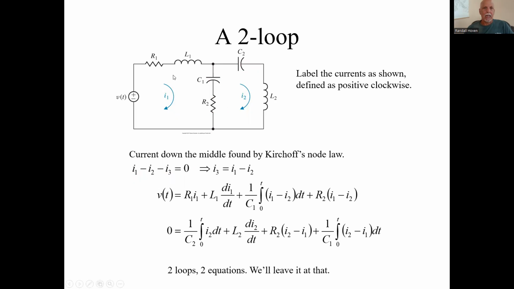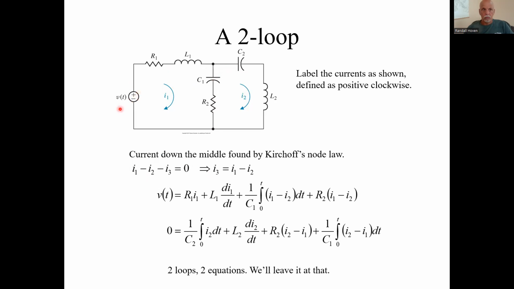These currents need to add like this. If I define these two positive and this one is downward positive, they need to add to 0 this way. So this I sub 3, which is positive down through this branch, is this I1 minus this I2. And now I can do each loop separately.